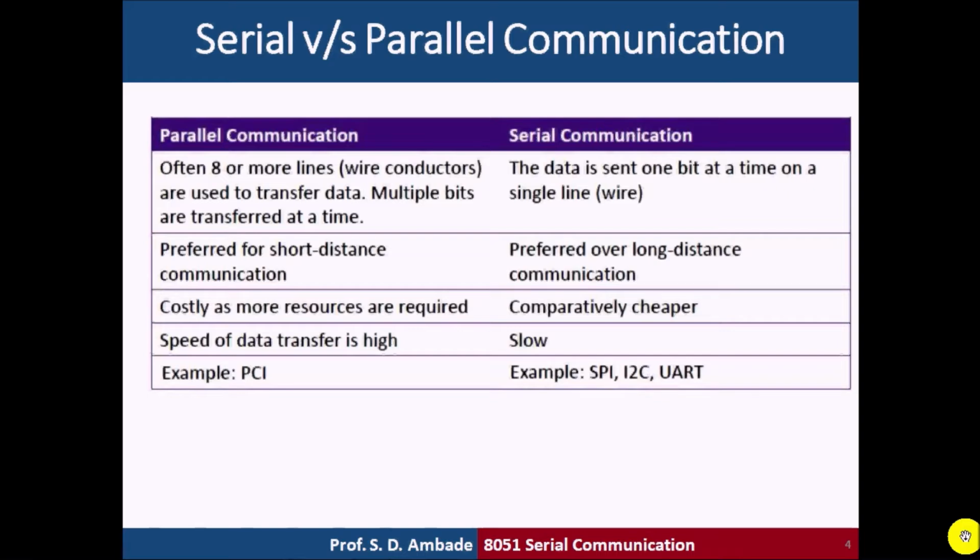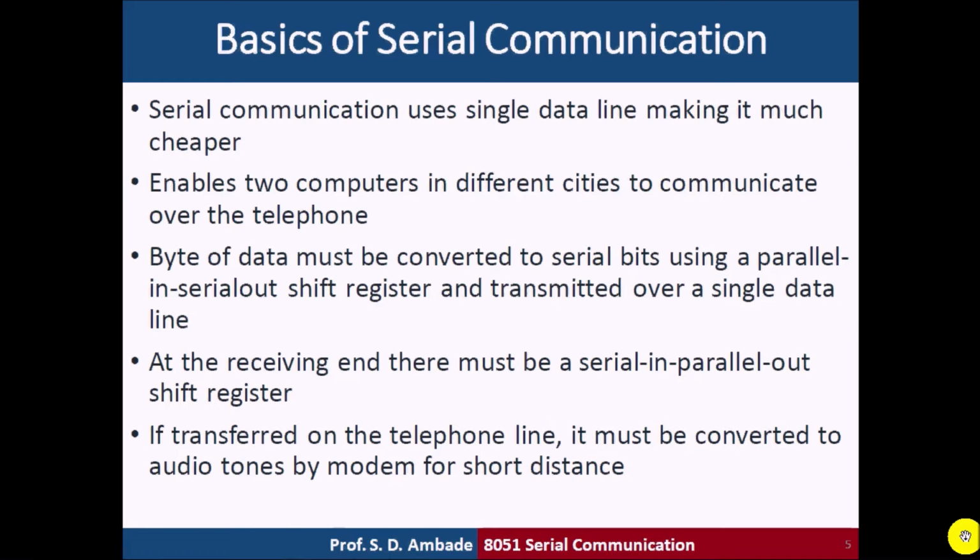Then examples of serial communication are SPI, which stands for Serial Peripheral Interface, I2C, which stands for Inter-Integrated Circuit, and UART, Universal Asynchronous Receiver Transmitter. UART is of our interest while doing serial communication with the 8051 IC.